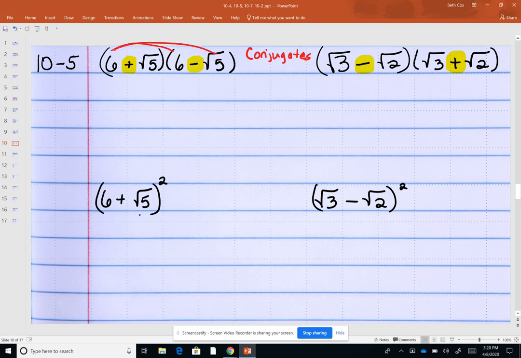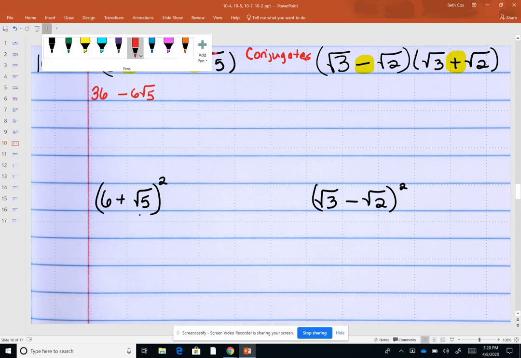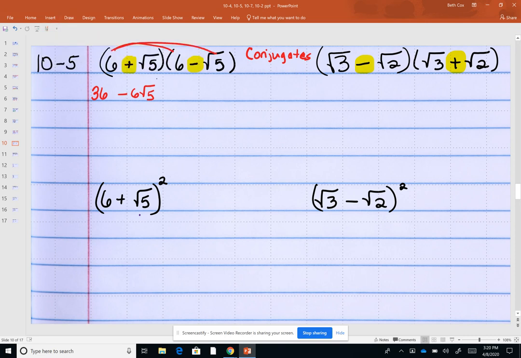So I'm going to do the 6 times both of those. So that's going to give me 36 minus 6 square roots of 5. And then I'm going to do the square root of 5 times both of those. That's going to give me a plus 6 square roots of 5 and then a minus square root of 25.